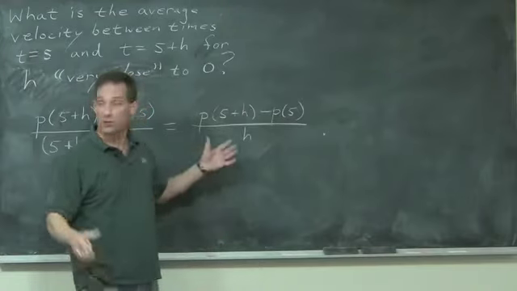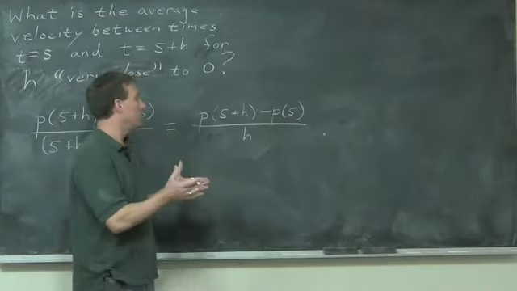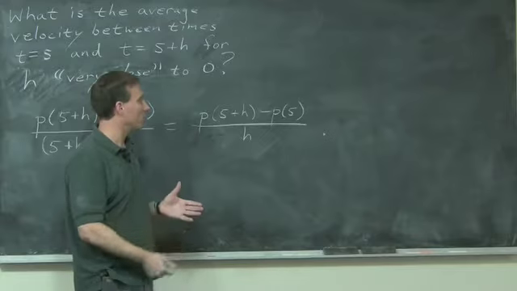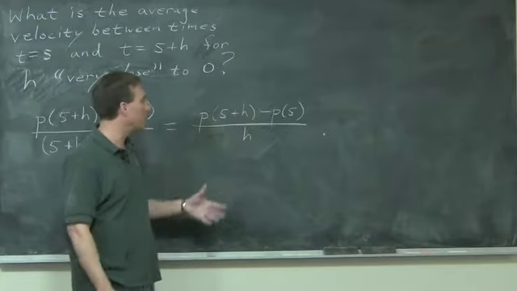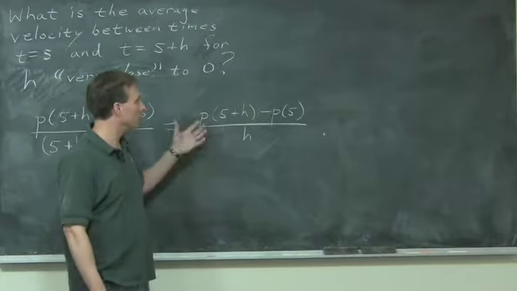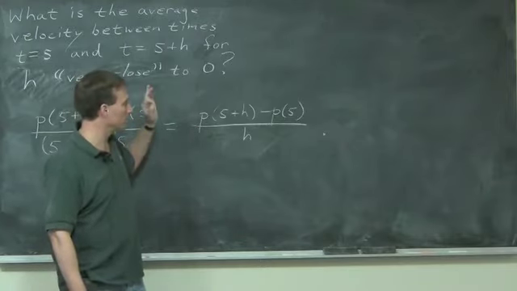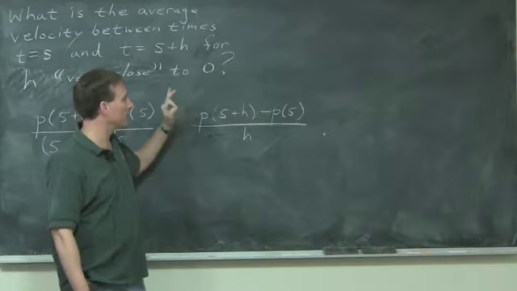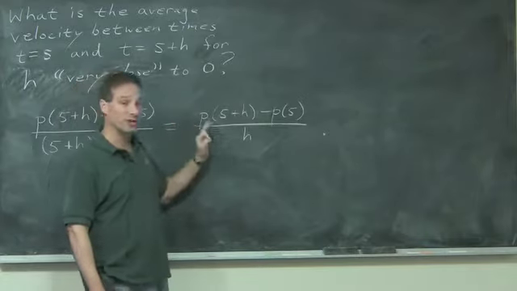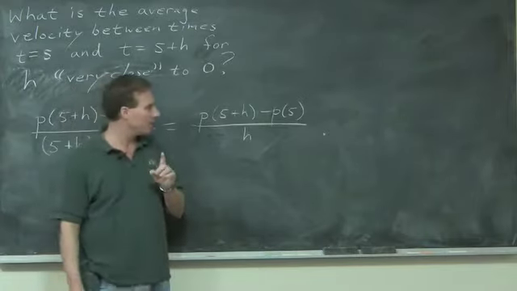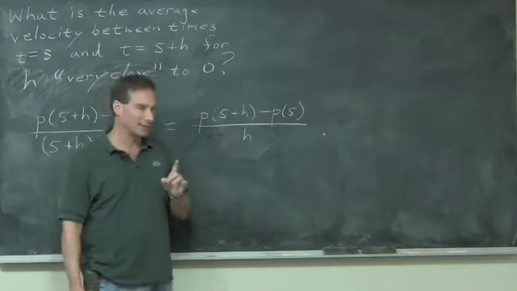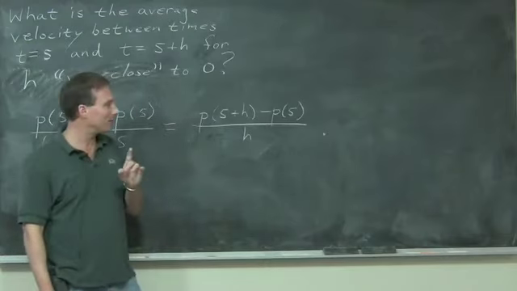You can do this for any function Q of h and talk about this, but this is the one I have in mind, this quotient that involves h. What we'd like to talk about is this thing getting closer and closer to some number as h gets closer and closer to 0. But that technically is not right, and if I ever say that, I don't really mean it.